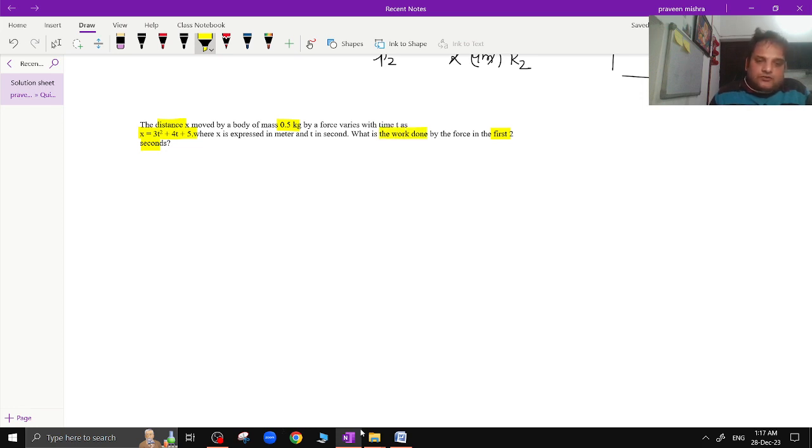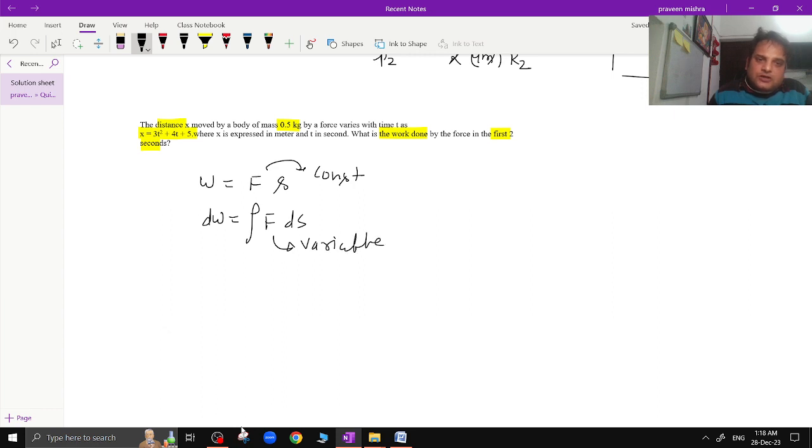Now we know that the work done can be calculated in two ways. The first one is by using F·s, or dW is equal to integral F dx. There is one more way, but that can be used when the force is constant, and this one can be used when the force is variable.